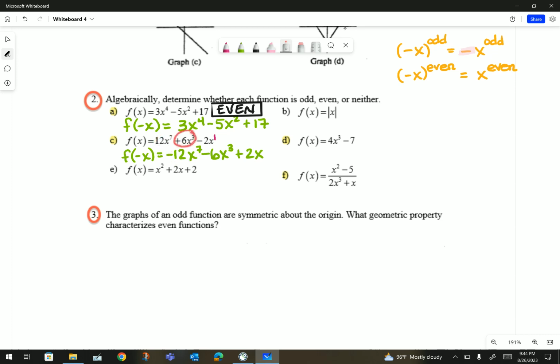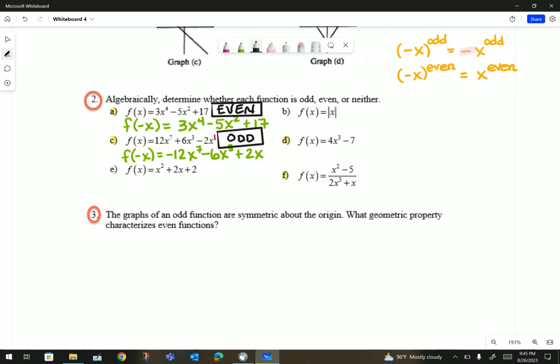Positive 6x cubed became negative 6x cubed. Negative 2x became positive 2x. Every single one of them switched signs. They went opposite. Therefore, the final answer for this problem is that this f of x function is indeed an odd function. All the terms were opposite in sign.